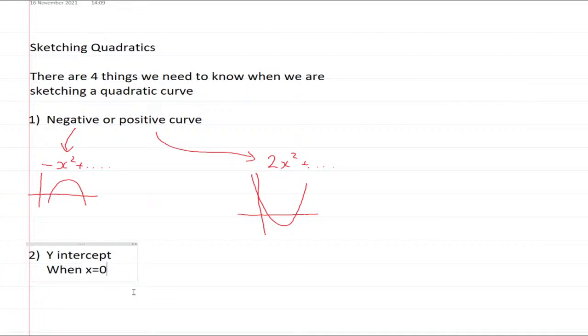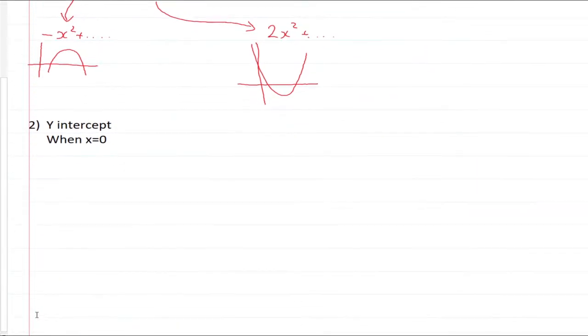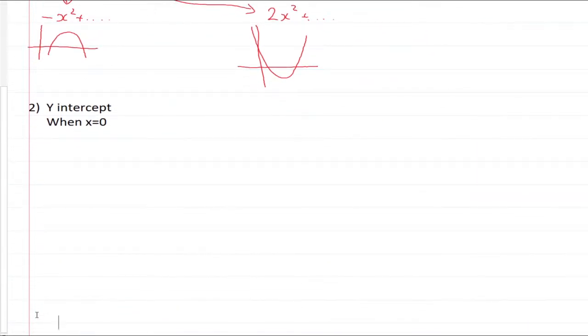Now, let's just draw a little thing for this one. If I've got y is equal to x squared minus 5x plus 6, if x was equal to 0 in that, what would our y-intercept be? It'd be 6, yeah. It's usually this last number, this c, isn't it?